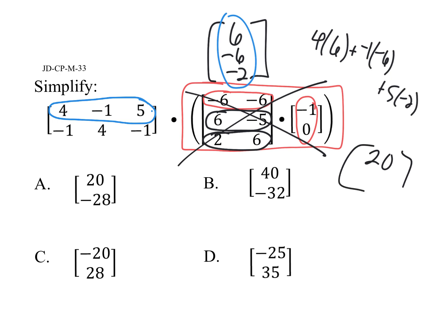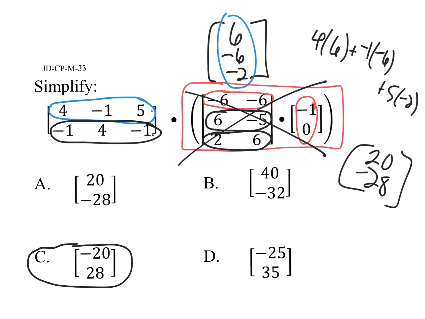And technically there's only one number with a 20 on top. If you do this other part, multiply all these to those numbers. Negative 1 times 6 plus 4 times negative 6 plus negative 1 times negative 2. And that'll be negative 28. So that's going to be answer choice C. Sorry, that's going to be answer choice A.